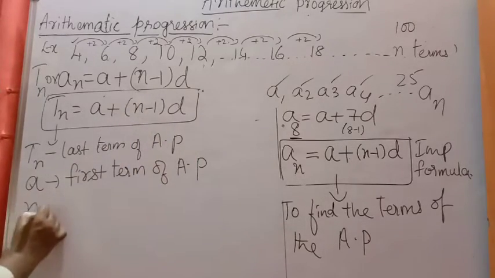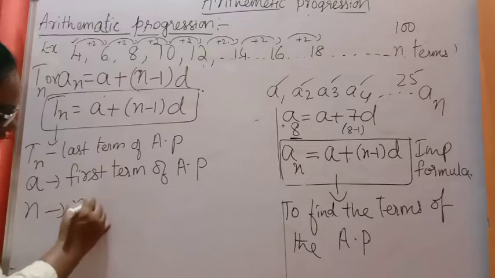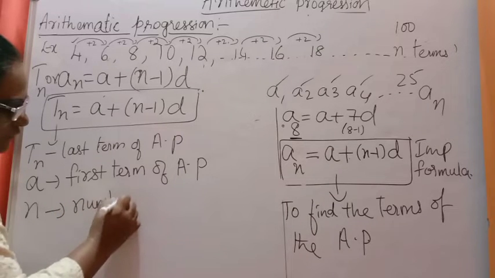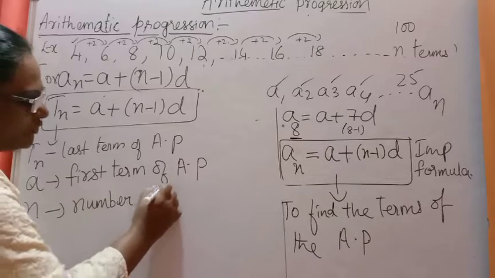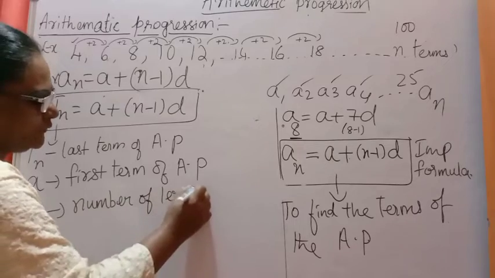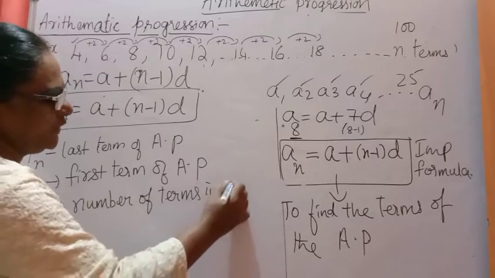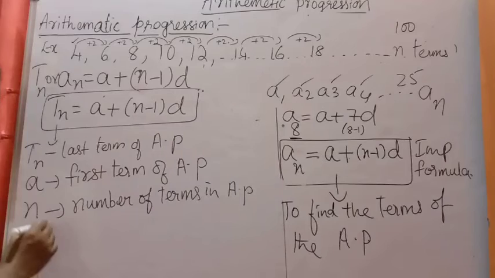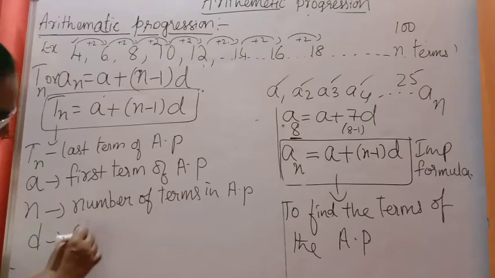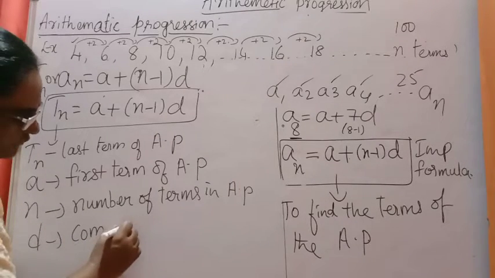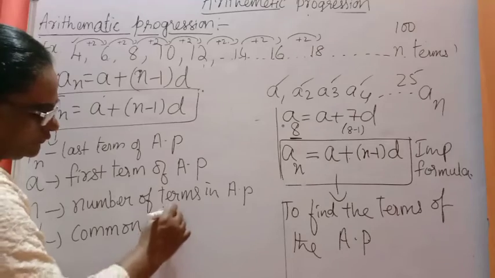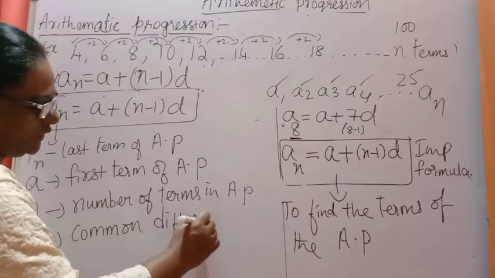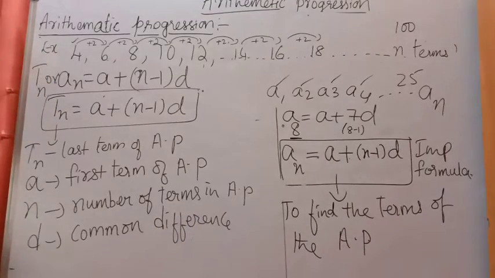N is nothing but number of terms. How many terms are there? Number of terms given in AP. D is nothing but the common difference.